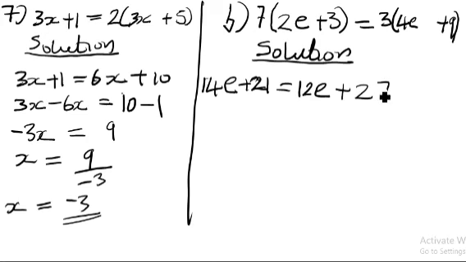So 14e will come here, 21 will go here, 12e will come here, 21 will move to join 27.